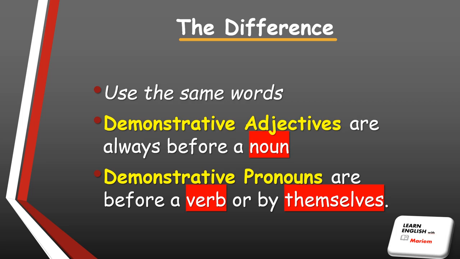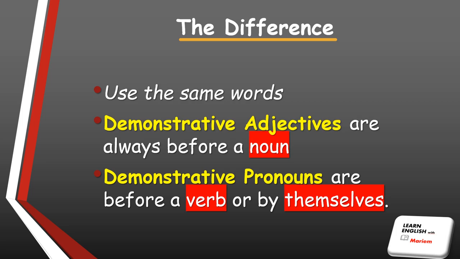Of course, we use the same words. We always use this, that, these, those. Demonstrative adjectives are always before a noun. دائما يجون قبل الاسم أو يتبعهم اسم. مو اسم شخص. هنا نقول noun بصورة عامة لأسماء الأشخاص، الأشياء.